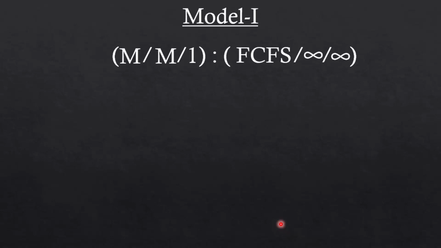Now let us move on to model 1, which is the M/M/1 FCFS infinity model. In previous lectures we have seen Kendall's notation on which this model is represented. Now let us again understand what this model represents.